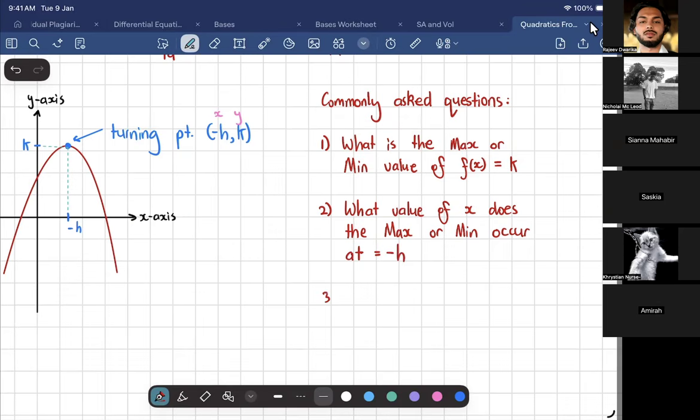Yes, sir. Okay, then they might ask you for the axis of symmetry. What is the axis of symmetry? When you hear axis of symmetry, what comes to mind? Forget that, it might sound a little complicated.